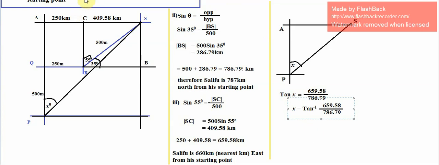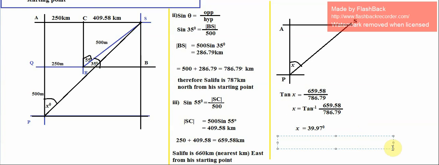And when you press, tan inverse of the fraction is 39 point. So our x is equal to 39.97 degrees. But we can't leave the answer in this form because this is a bearing. In bearings, angles must be rounded to the nearest whole number.